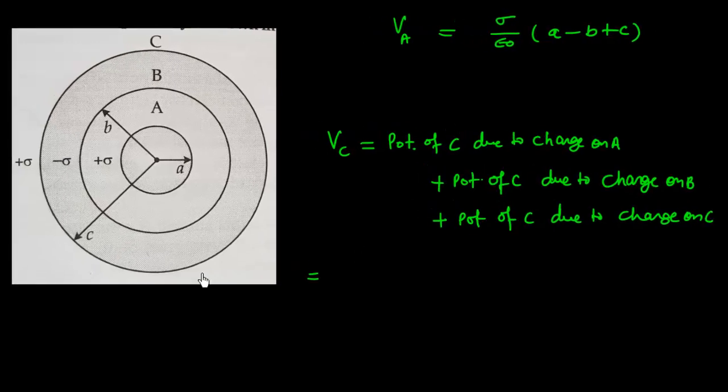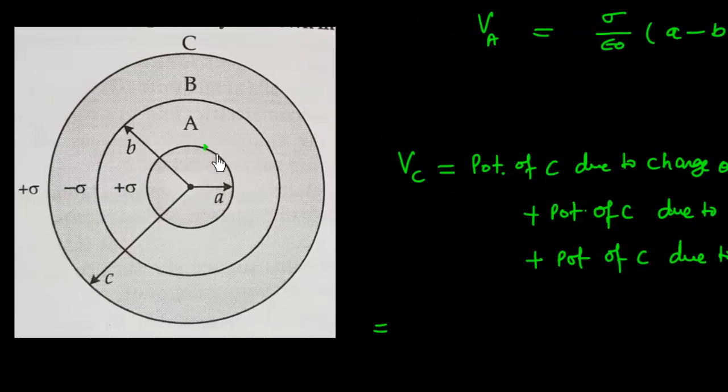A generates potential at C as if all its charge is concentrated at its center. Similarly, B generates potential at C as if all its charge were concentrated at the center. A shell behaves for an outside point as if all its charge is kept at its center.